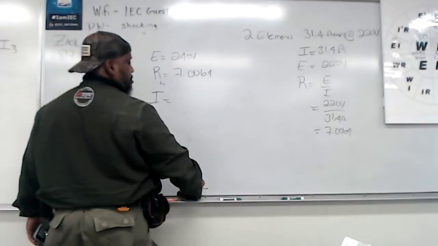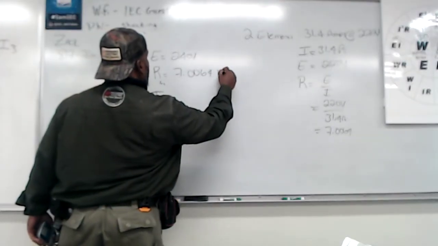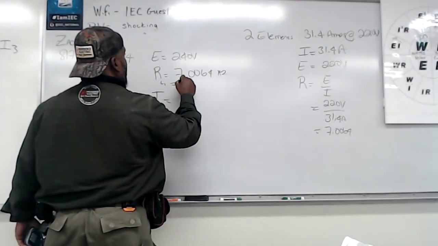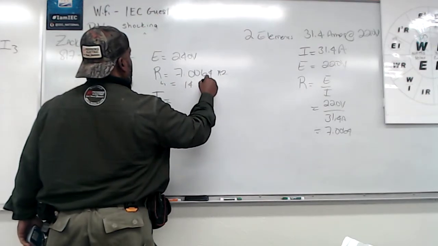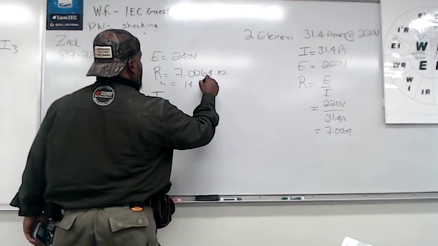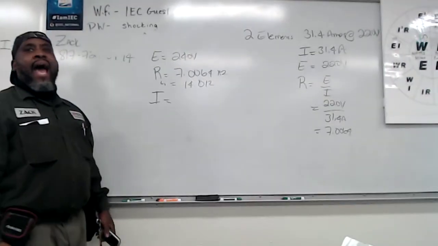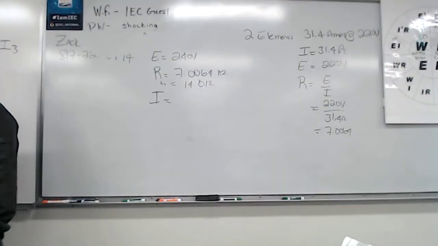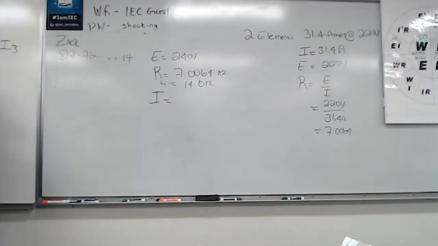So I just multiply this times 2 then, right? Yeah. And what did I get? 14.012. All right, so now I can do it. I'm trying to think about why they did that. The book said it, but why? Because we have E total and R total.